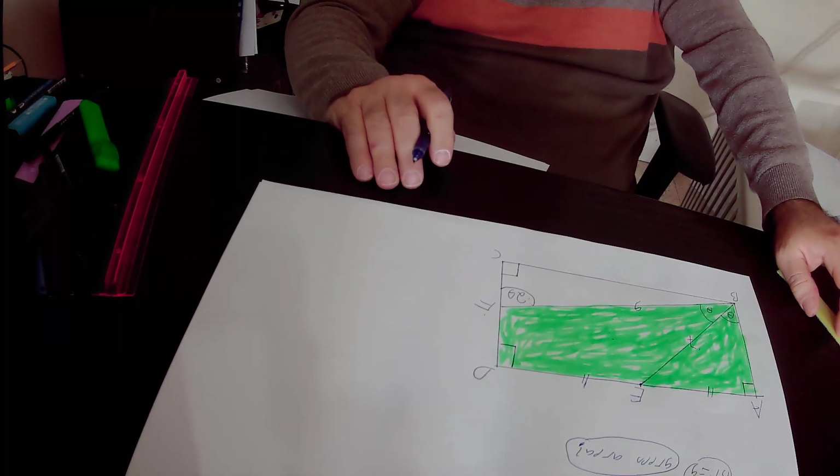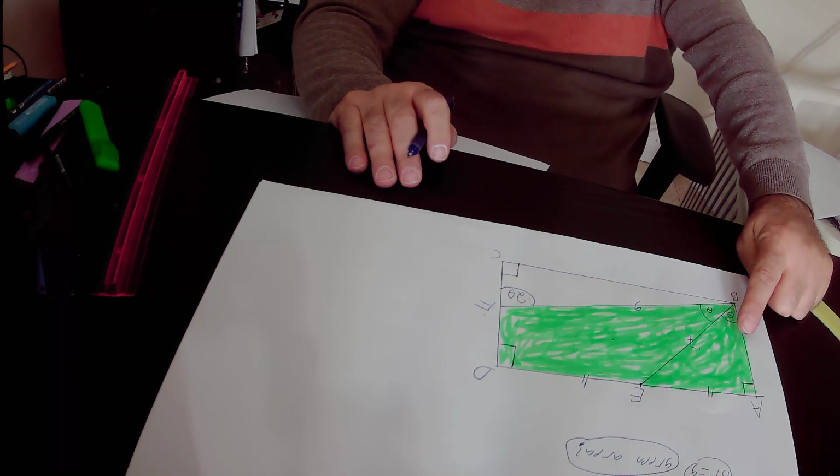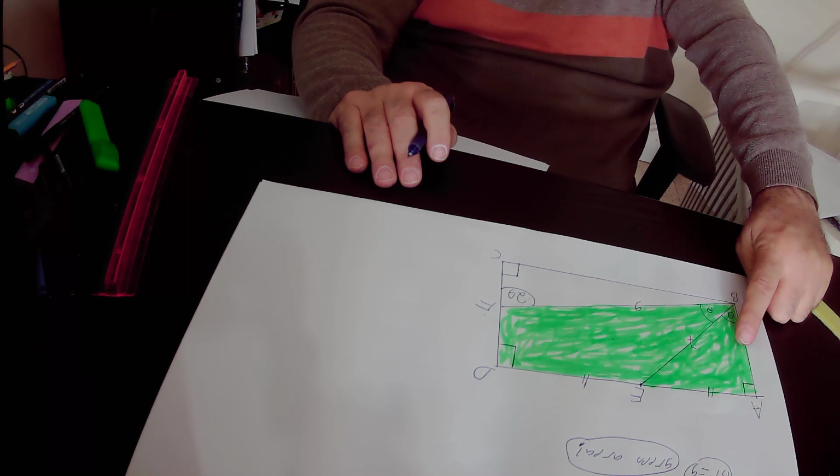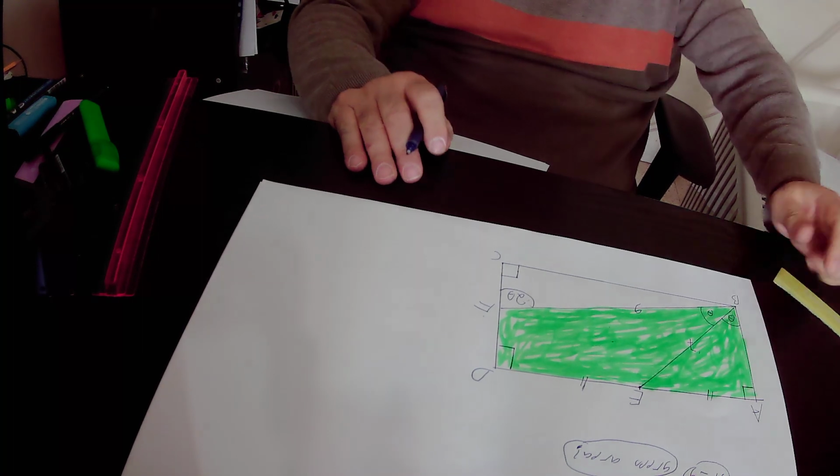So in the right green triangle, triangle ABE, actually I will draw it again. We will focus on this green right triangle, triangle ABE.